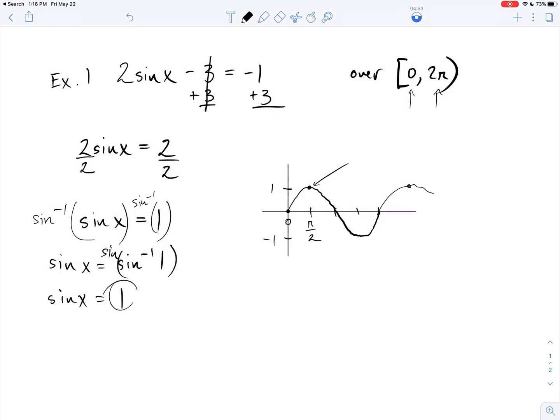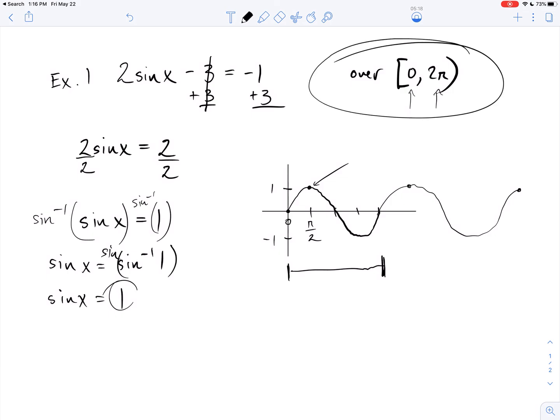If it continued on, I'd have another answer right here, etc., etc., etc. So when it comes to solving trig equations, they're going to say, hey, here's a starting location, here's a stopping location. Just look for the answers in that interval.